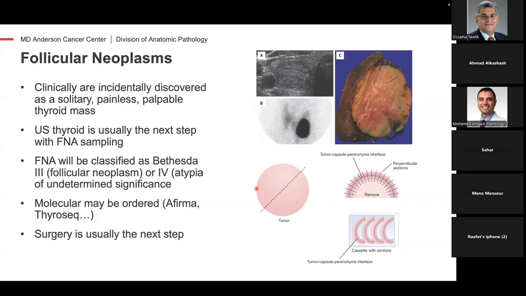I'm not sure how it's done in other places, but mostly here in the US, the AUSs are usually sent for molecular testing, and the two most common ones are Afirma and ThyroSeq.